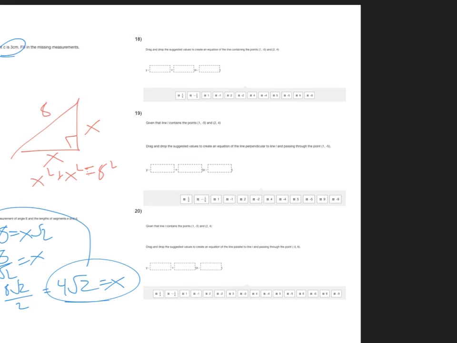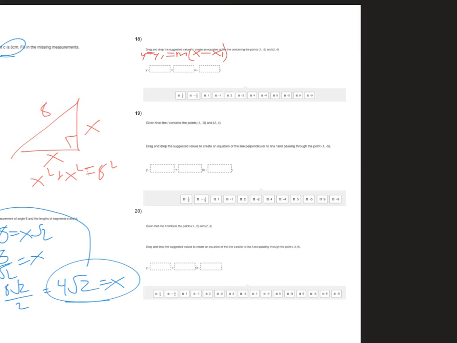So with point-slope form, I need to know a point and a slope. You can pick either point, either this one or this one. And the general version of point-slope form, y minus y1 equals m times x minus x1. So you can pick either point for your y1 and x1, just make sure it's from the same point.